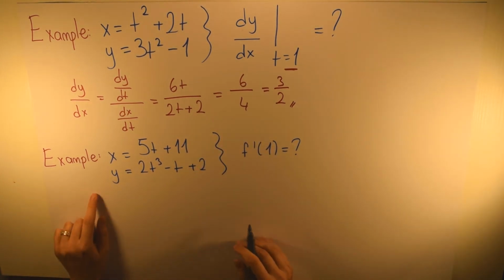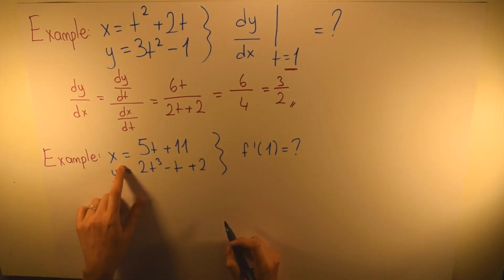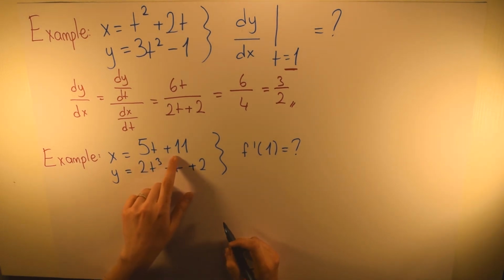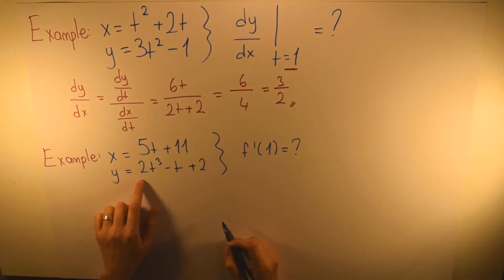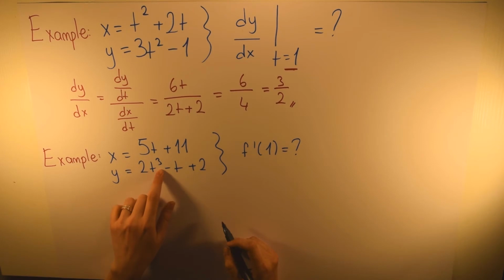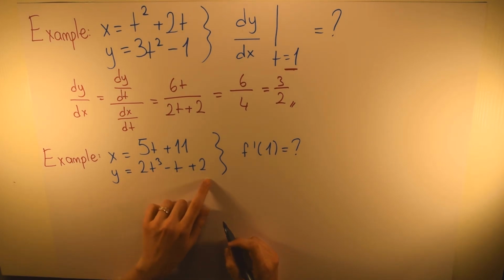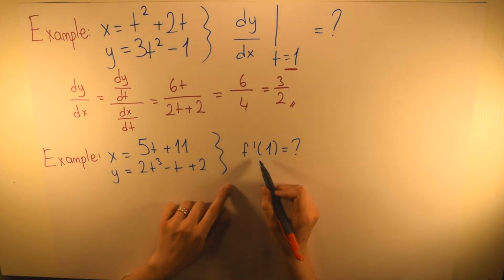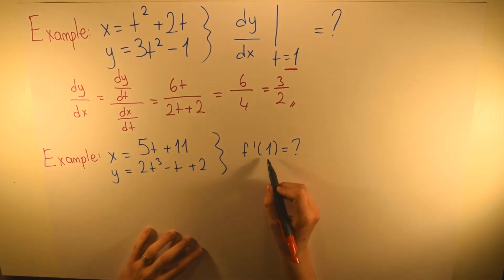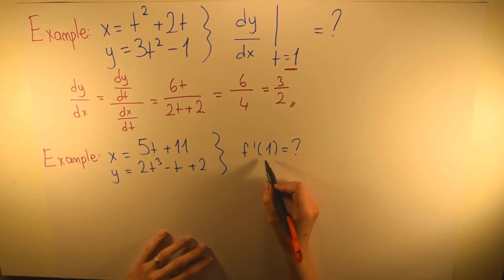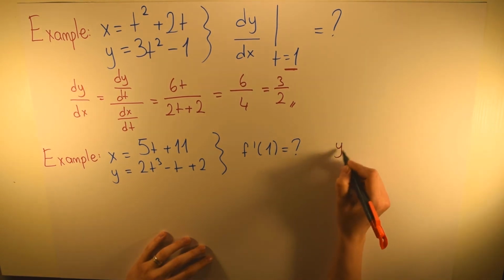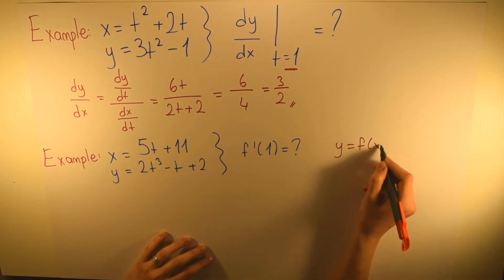Let's look at our second example. Here we have x is equal to 5t plus 11 and y is equal to 2t cubed minus t plus 2. So what is the derivative of f of 1? Here you should be careful. Why? Because here this f is y is equal to f of x, right?